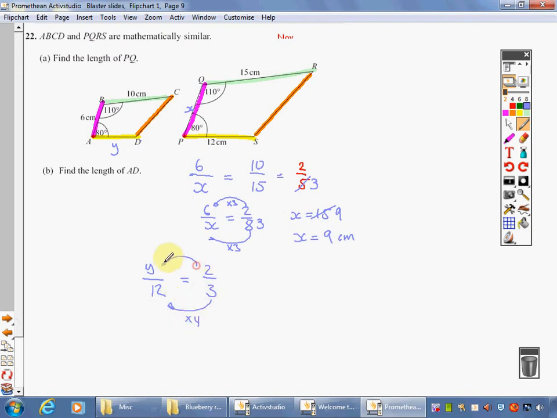So that needs to be times by 4. 2 times 4 is 8. So AD is equal to 8 centimetres. Now 8 centimetres seems about right given the other shapes on there. I'm happy with that. Okay, so I made a mistake there. I'm sure you'll see through that, and sometimes it's good to make a mistake so that you can see how you can go back and correct it.